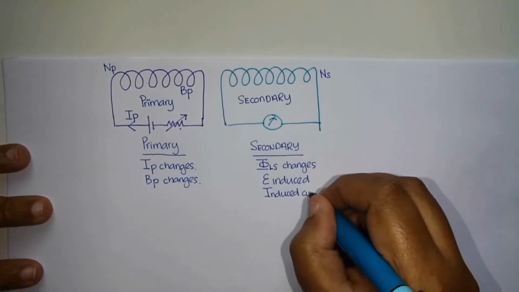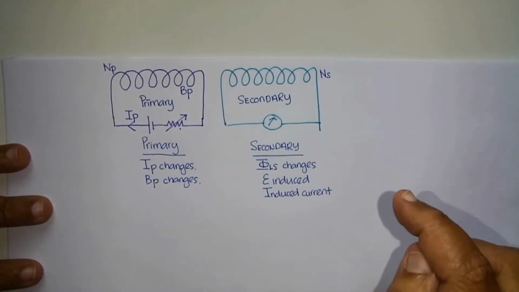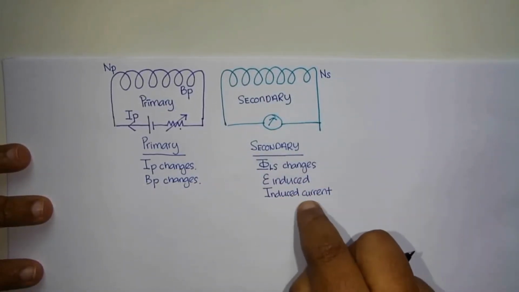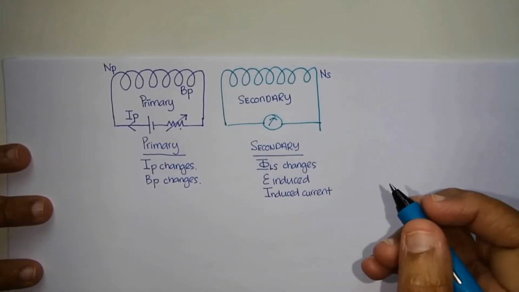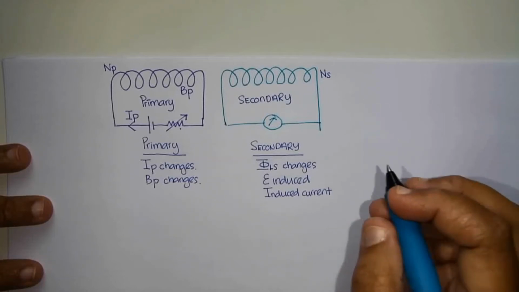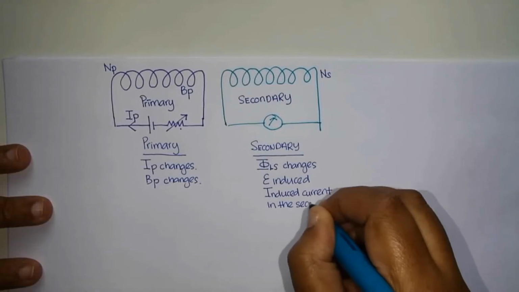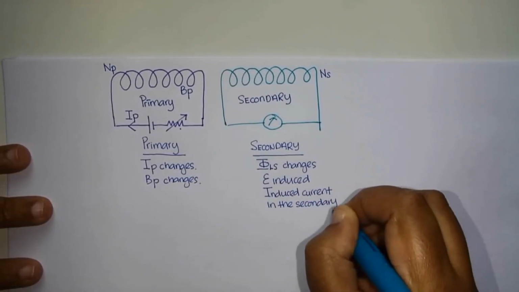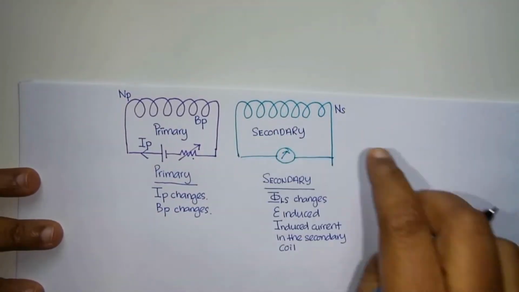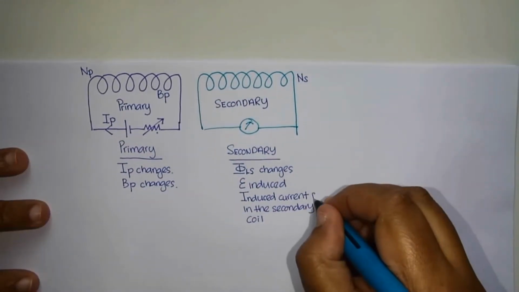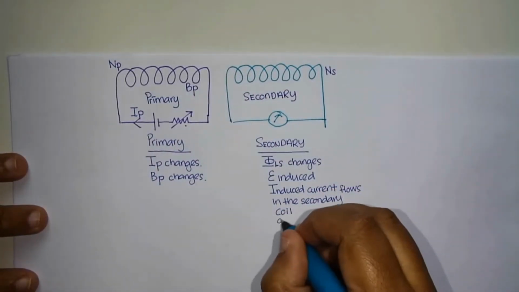We say an induced current in the secondary coil. I think you'll understand, right? It's an induced current in the secondary coil. The induced current flows in the secondary coil, and the galvanometer detects it.